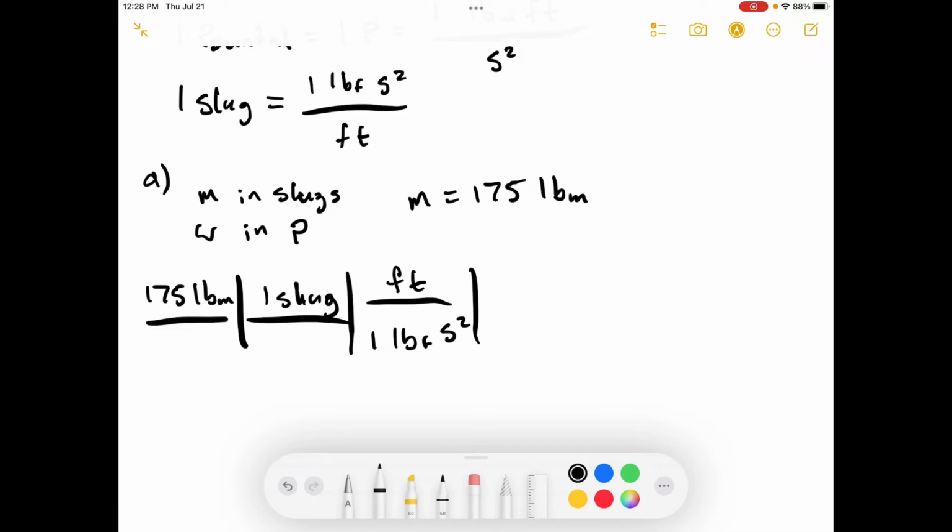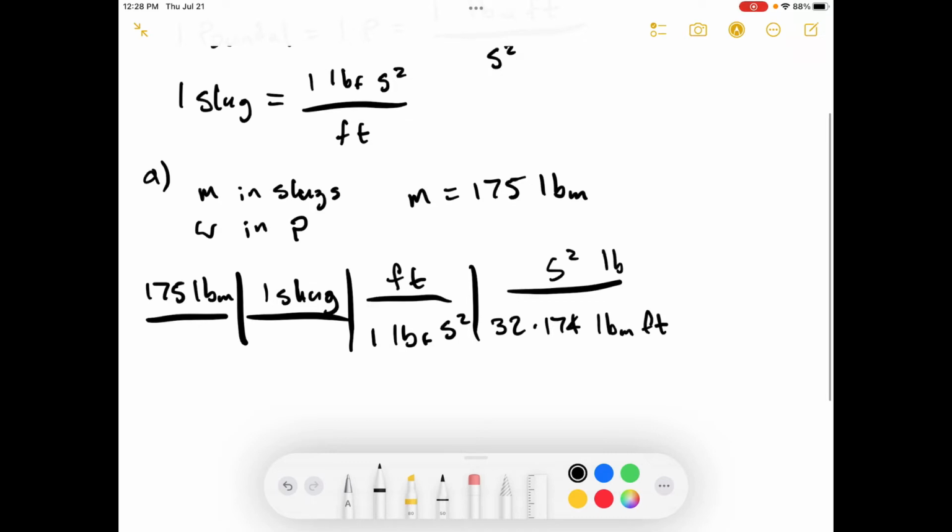And we know that 32.174 pounds mass feet per second squared is equal to 1 pound force.